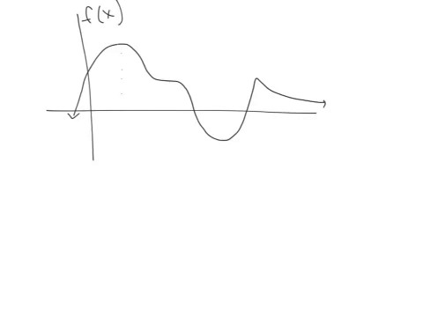I know that at this point, let's call it A, my derivative, f prime of A, is going to equal 0, right? I know I have a horizontal tangent line there. I also know at this point, say B, my derivative is going to equal 0. That should be a B, not an X. And I also know that even though I don't have a derivative here, it's still a critical point.